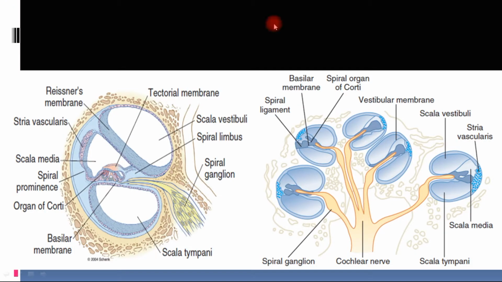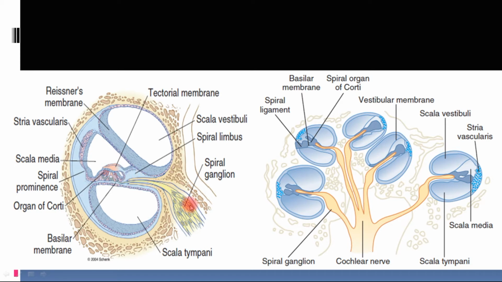Now as you can see in this diagram, this is the cross section of the inner ear, and you can see the organ of Corti present here, with the hair cells, the inner hair cells and the outer hair cells.